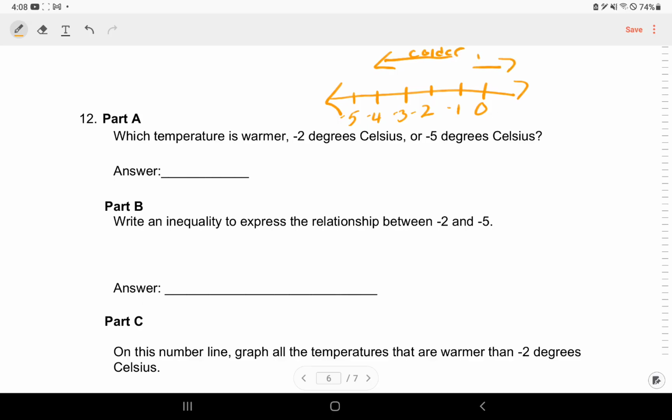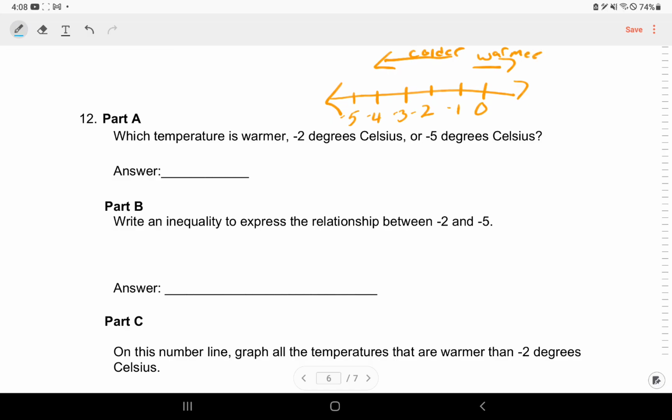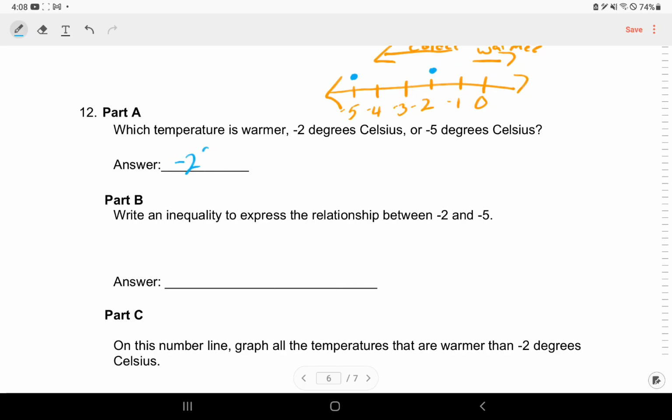This way is warmer. And so we've got a point here at -5 and a point here at -2. So which one is warmer? Which one is closer to the right? Well, -2 degrees Celsius is warmer. It's farther to the right.